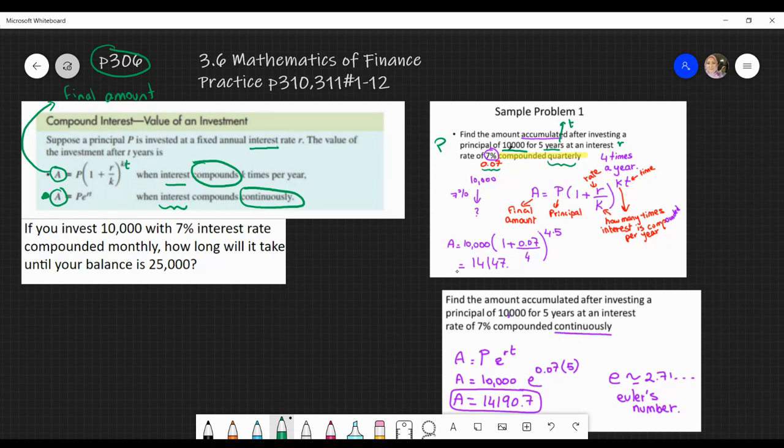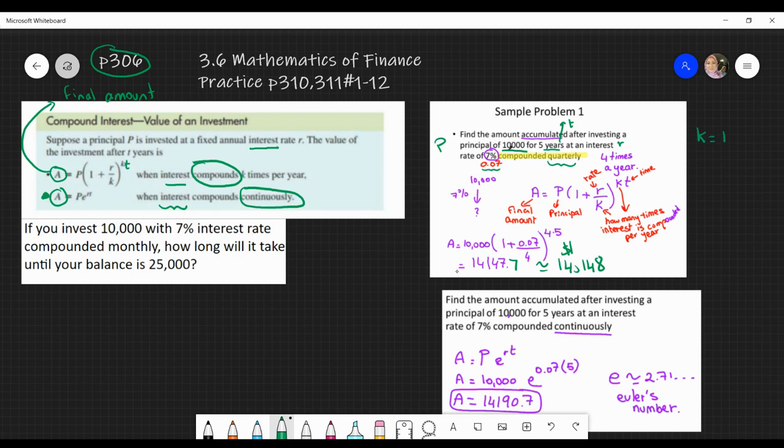If I put this into the calculator, I'm gonna get this value, which is approximately $14,148. So if I leave my $10,000 in the bank for 5 years and they offer me interest compounded quarterly, 4 times a year, I'm going to end up with $14,148. Always think about the final answer. It has to make sense to you.